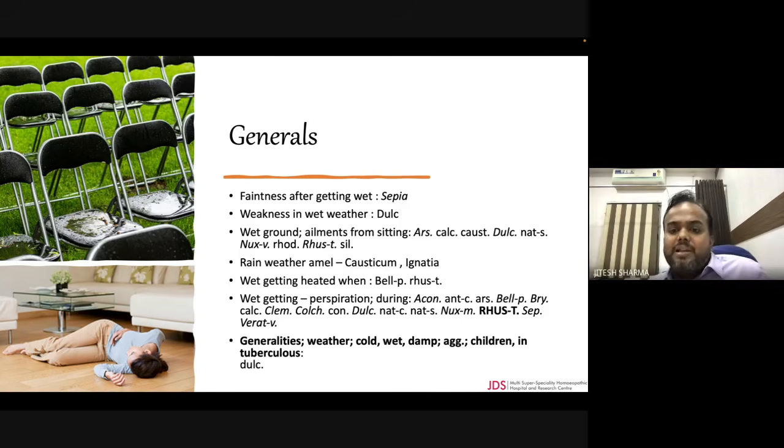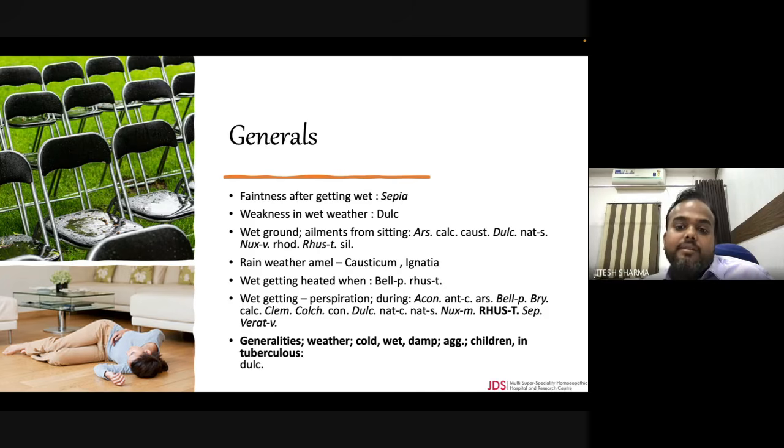I think many people sit in the park, on the ground, on wet ground, and they start complaining of a lot of things. So you can see these remedies: Arsenic, Calcarea, Causticum, Dulcamara, Natrum sulph, Nux vomica, Rhododendron, Rhus tox, Silicea. Rainy weather medicines. I told you Causticum, Ignatia also.